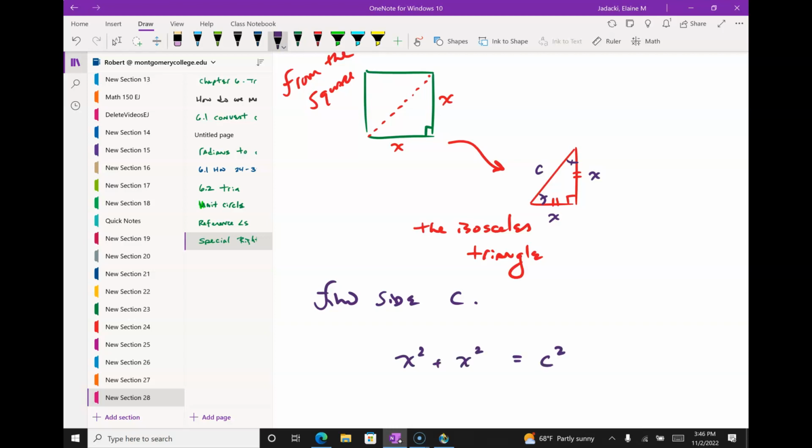Everybody with me there? If triangle ABC is a right triangle, then A squared plus B squared is C squared, right? Named after Pythagoras because he stole it from the ancient Egyptians. They knew of it, but there was no found proof of it. Doesn't mean it wasn't. They didn't have it.